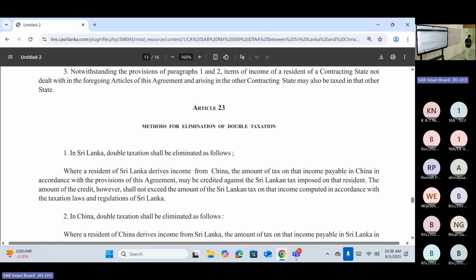Remember that it also says resident of Sri Lanka. Only a resident can claim, right? In accordance with the provision of this agreement, it may be credited against Sri Lankan tax. That's it. May be credited.